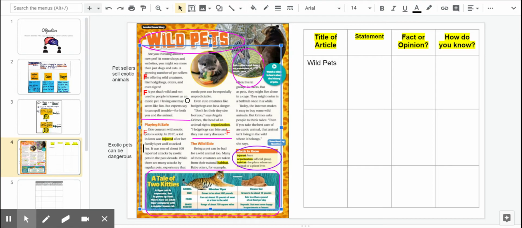So I'm going to take a quick little stop and jot over here. And I'm going to say, being a pet is not good for exotics. Okay? And then I'm going to continue to read down here a tale of two kitties.